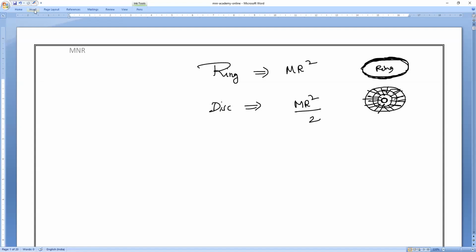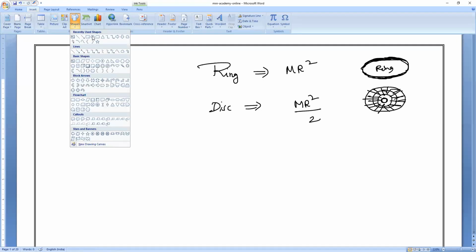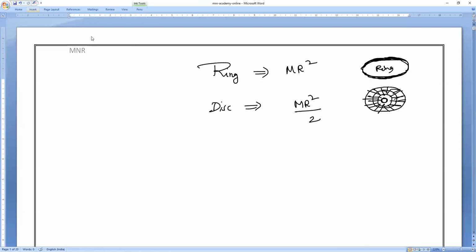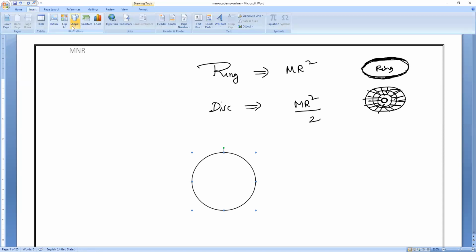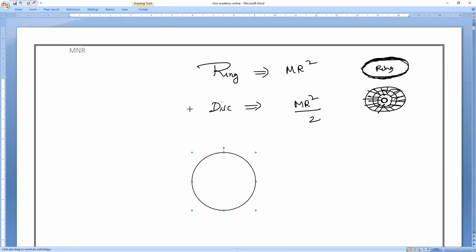So first write the question. Draw the question first. Just take one hollow disk only, a particular part of a disk that I am taking. You can all see how I draw, and according to that you can also make it.